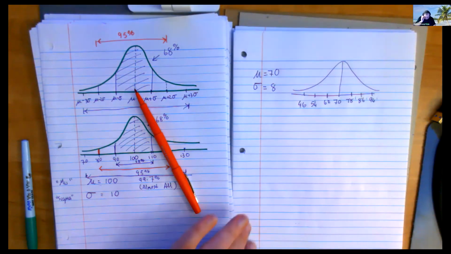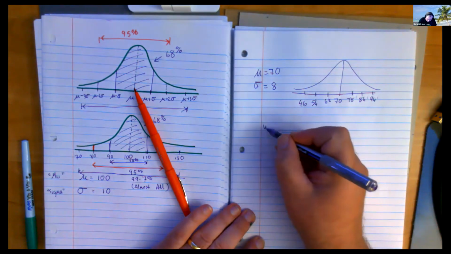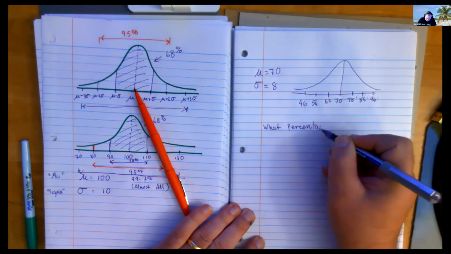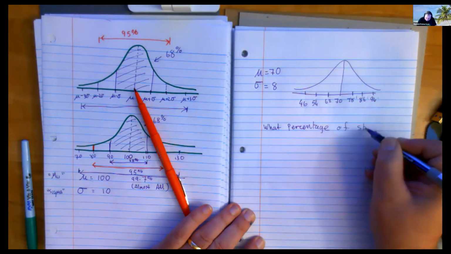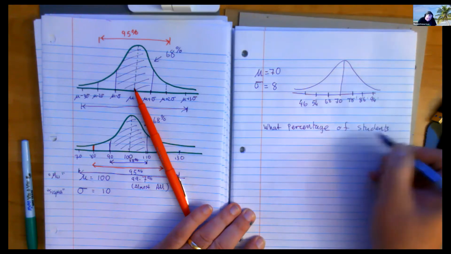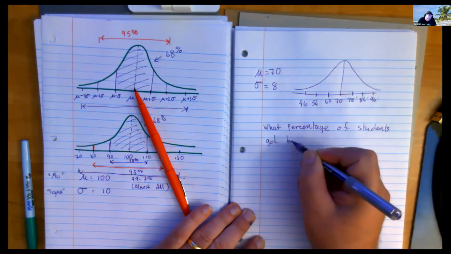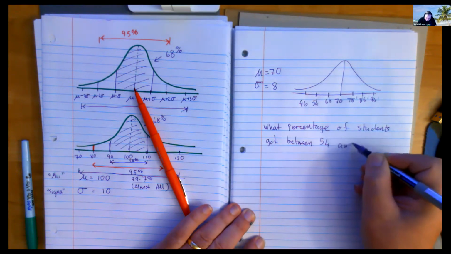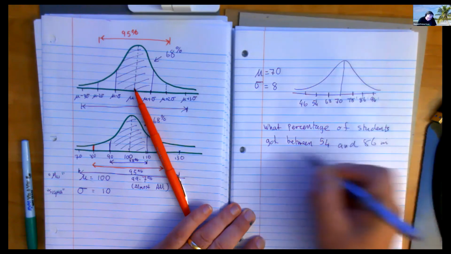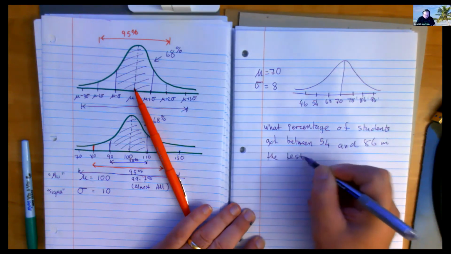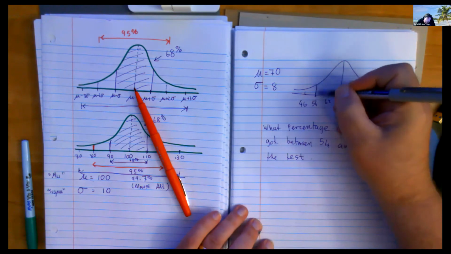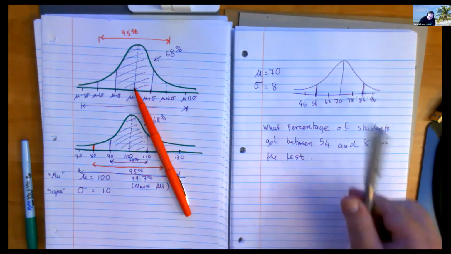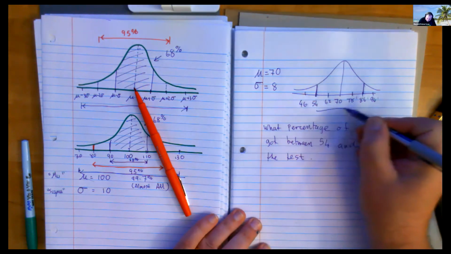And suppose you were asked, what percentage of students got between 54 and 86 in the test? Well, would you agree that 54 goes there and 86 goes there? How many standard deviations away from the mean is that?